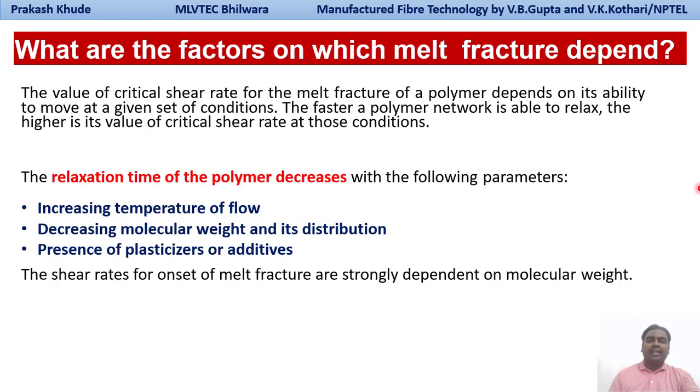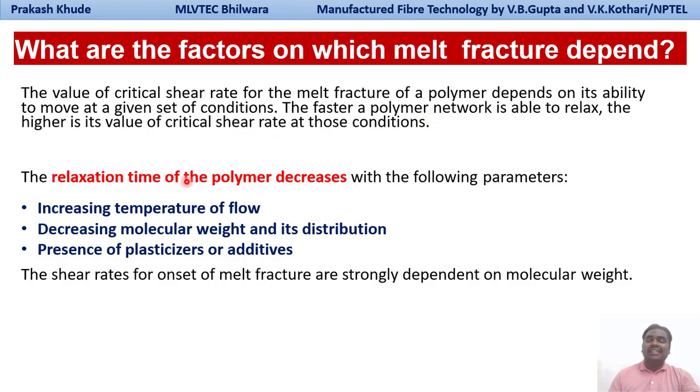Now, what are the factors on which this melt fracture depends? The value of the critical shear rate for melt fracture of your polymer depends upon its ability to move at a given set of conditions. The faster a polymer network is able to relax, the higher is its critical shear rate under those conditions.